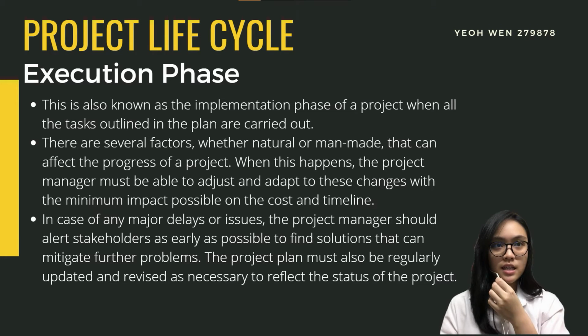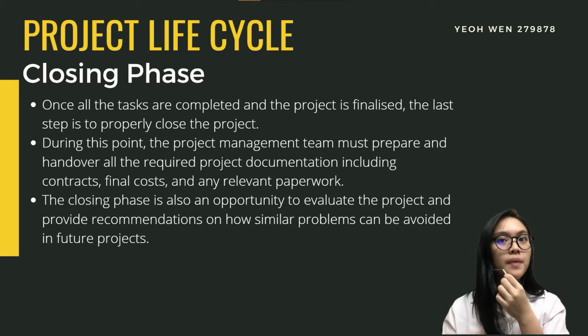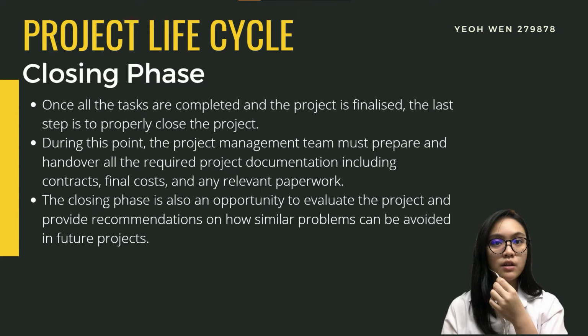The last stage is the closing phase. The closing phase is the final stage of the project management life cycle. Once all the tasks are completed and the project is finalized, the last step is to properly close the project. During this point, the project management team must prepare to hand over all the required project documentation, including contracts, final costs, and any relevant paperwork.